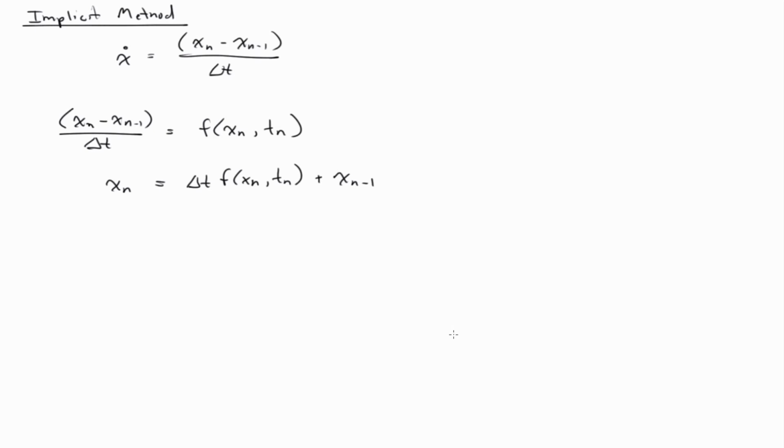But we don't want x to the n. x to the n is the time step we're on, right? We want the next time step, n plus 1. So we're just going to add plus 1 to all the n's. So then we'll have x to the n plus 1 equals f of x to the n plus 1.